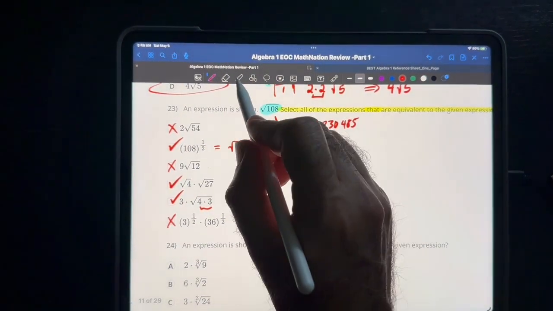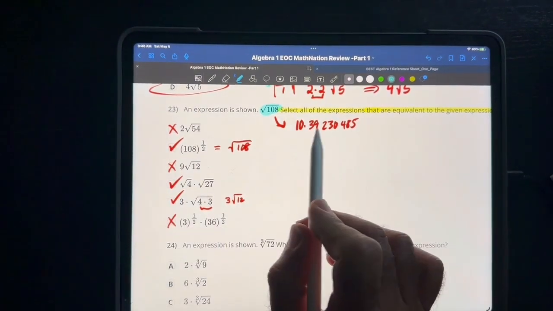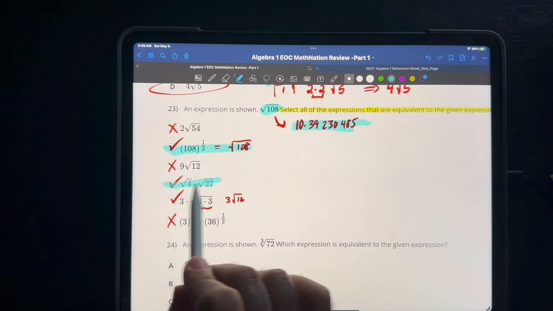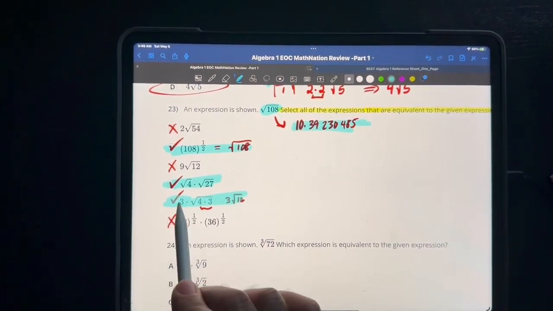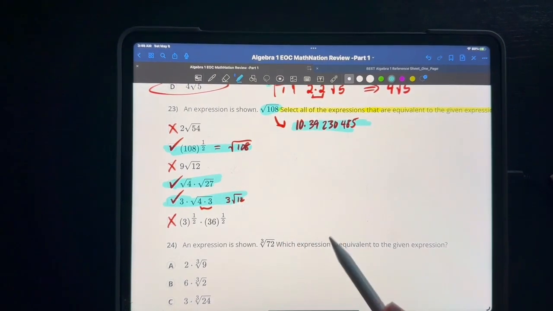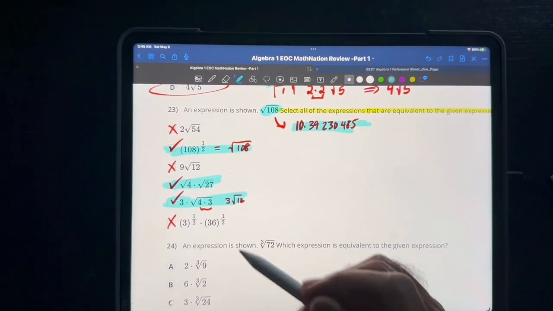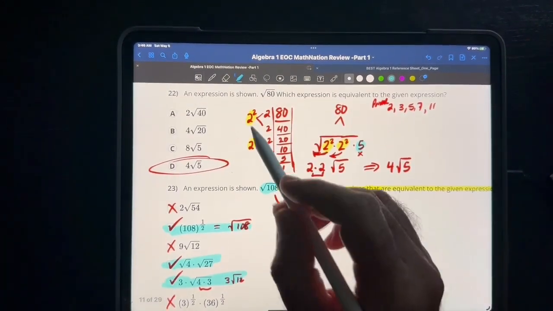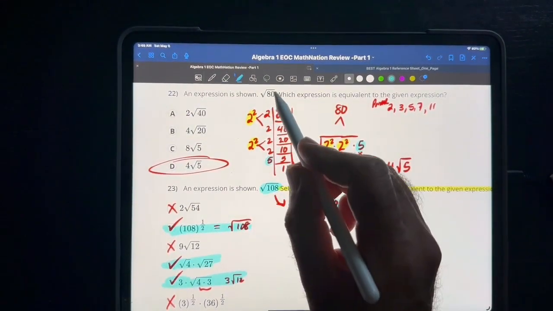Okay? So the equivalent expressions, the ones where I got this answer all the time, were this one and this one. So now you can see when you have radicals, use the calculator, especially the online calculator, to figure it out. And then you don't have to do all of this stuff here. I could do the same thing I just did with question 22.